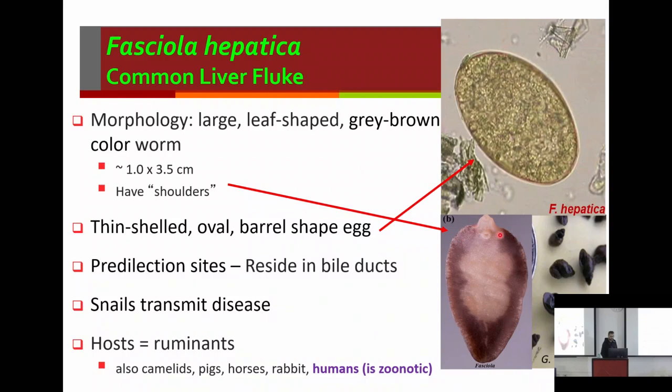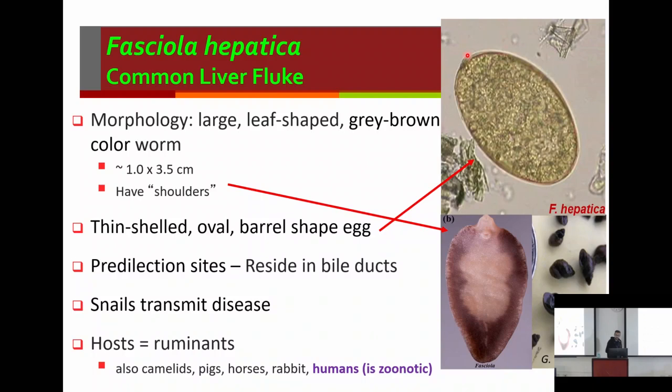It is a bigger size fluke. If you cut the liver, you will see these flukes moving around in the liver. The egg is barrel shaped, with the operculum here, and this parasite resides in the bile duct.